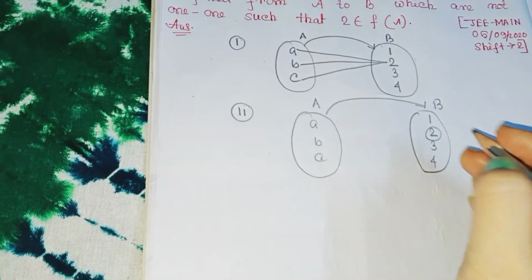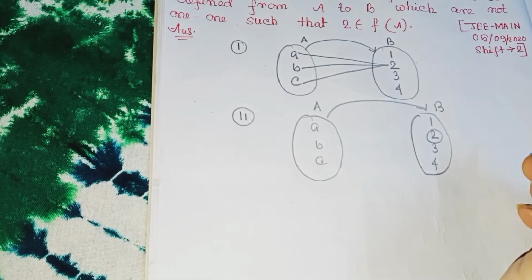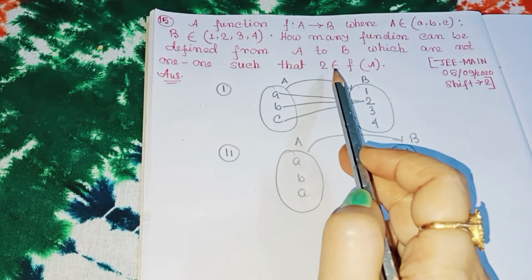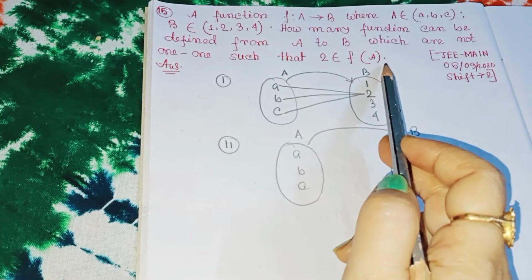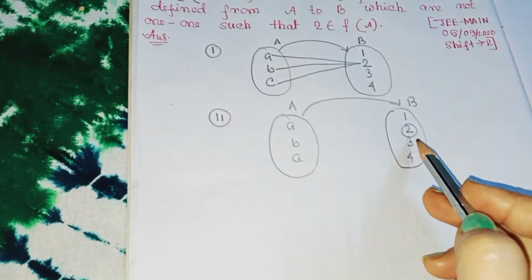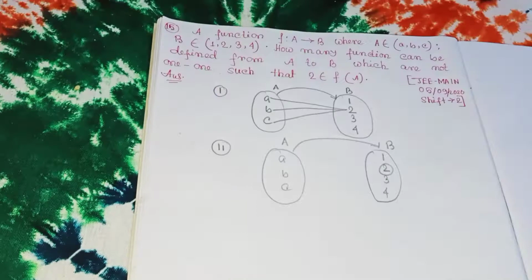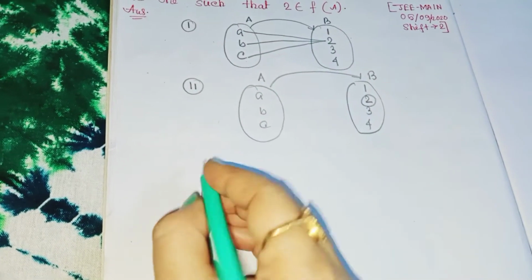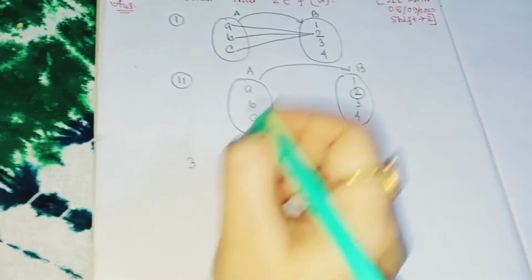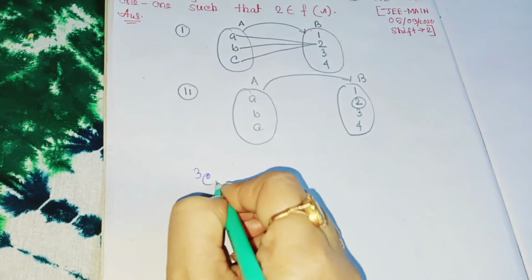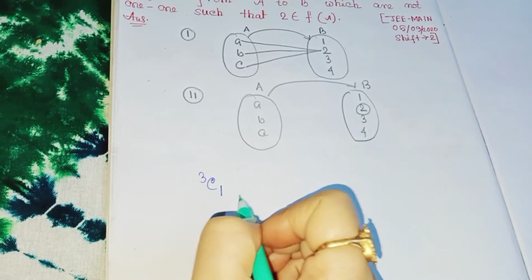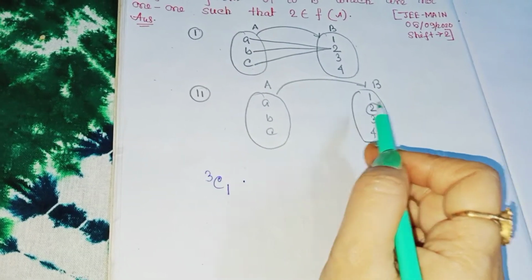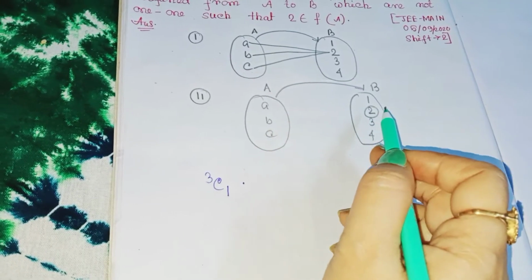The question also gives that 2 belongs to f of A, so element 2 is always in the range. So now move on to the question. Here it happens 3 ways, and the element 2 is always in the range, and 2 belongs to f of A.